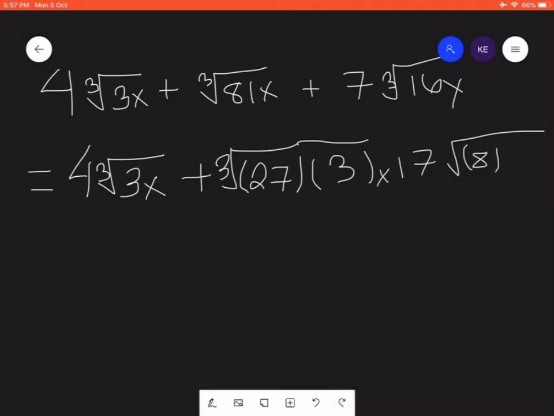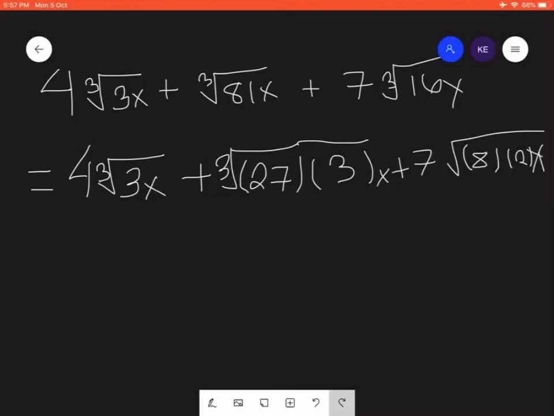Same thing for 16y. Find two factors, one's a perfect cube and one is not. So those two factors are 8 and 2. Okay, that's okay. Let's imagine that's a y.